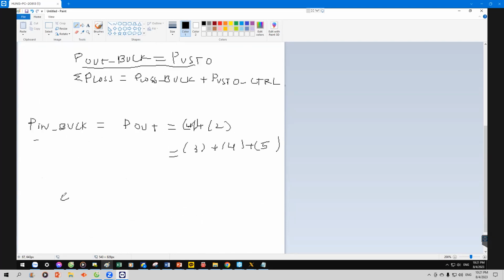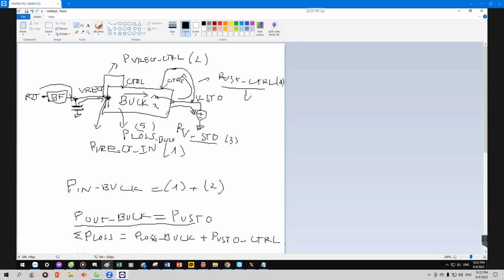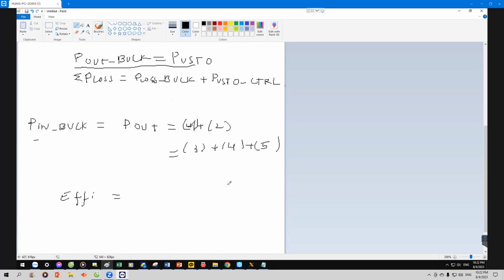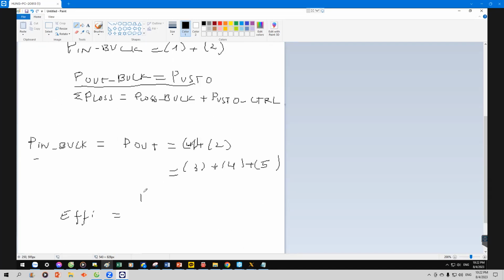And efficiency is only PV store, right? The harvested power, isn't it? Yes, PV store over P in.